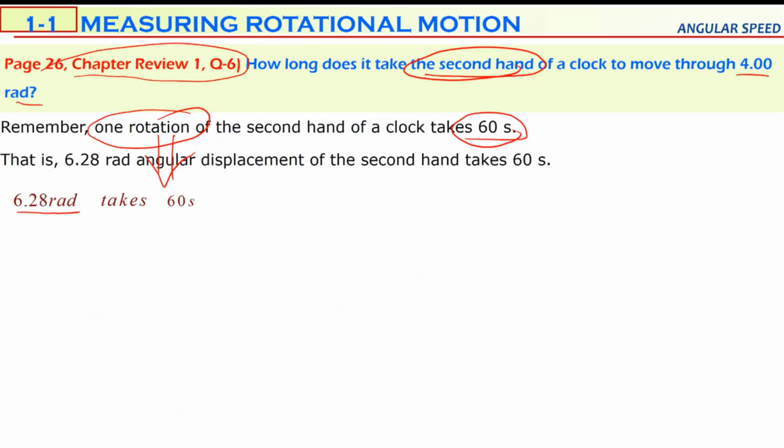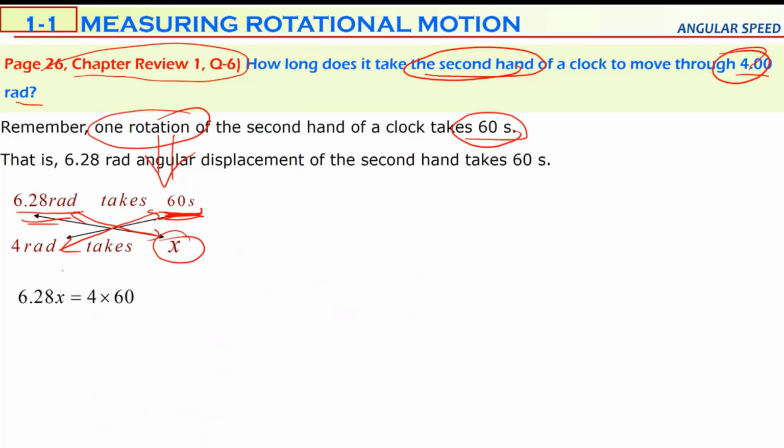So 6.28 radian angular displacement is completed in 60 seconds. The question is: 4 radians takes how many seconds? Cross product again. So x multiplied by 6.28 is equal to 60 multiplied by 4.